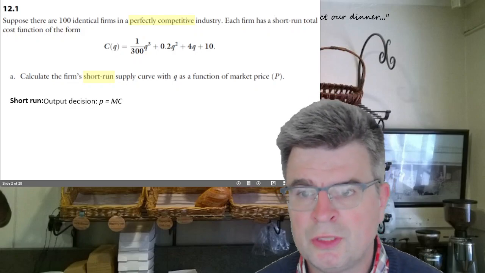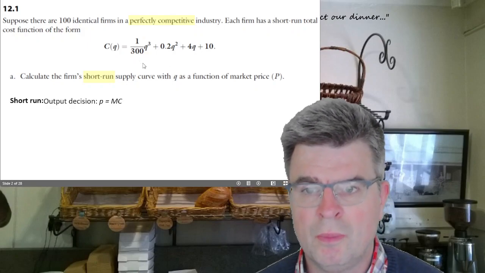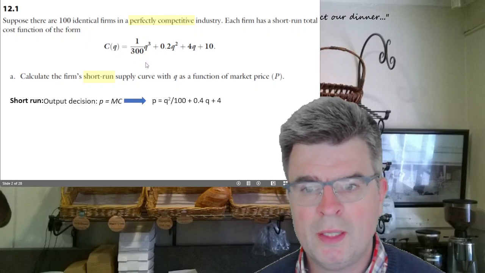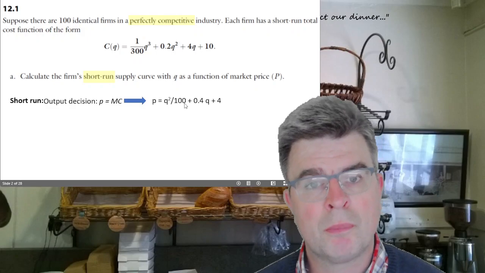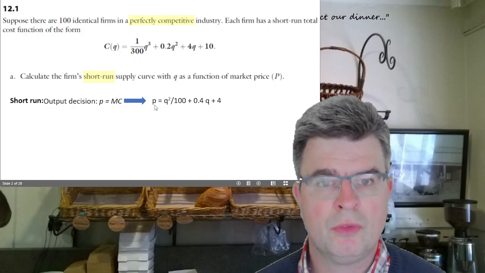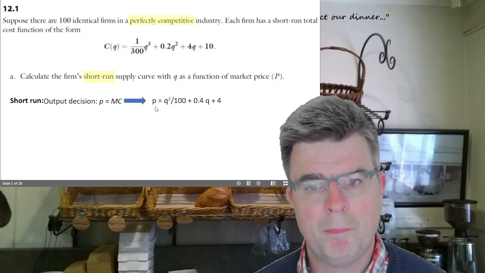And the marginal cost is simply the derivative of the cost function that is given. So taking the derivative of this function with respect to q, we get that q squared over 100 plus 0.4q plus 4 will need to equal marginal revenue, which is the market price P.